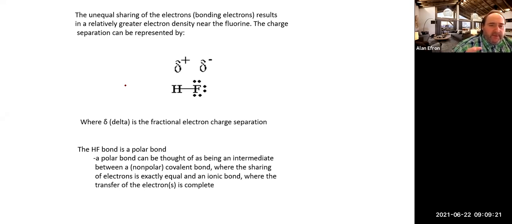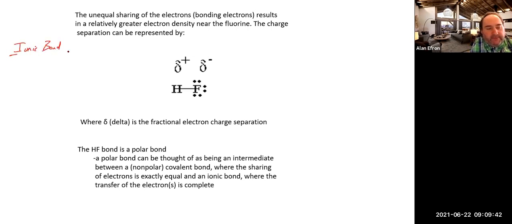So to summarize the 3 types of bonding that we talked about, you could think of them as 2 extremes with one in the middle. What I mean by that is on one extreme, you have an ionic bond.